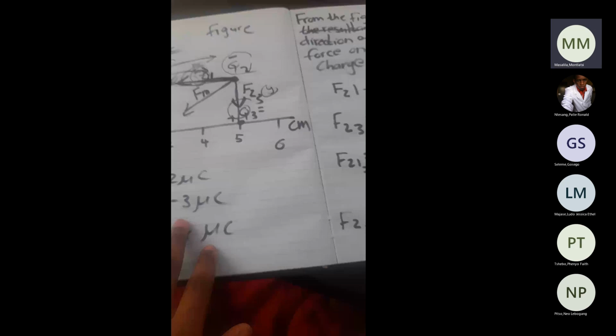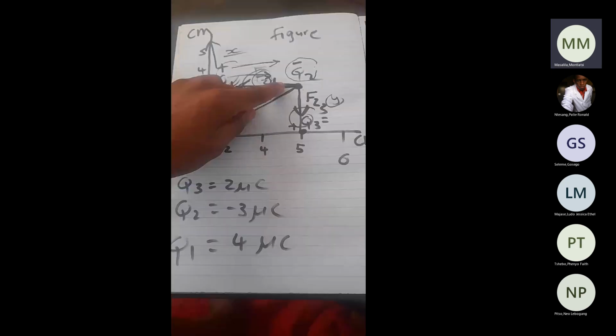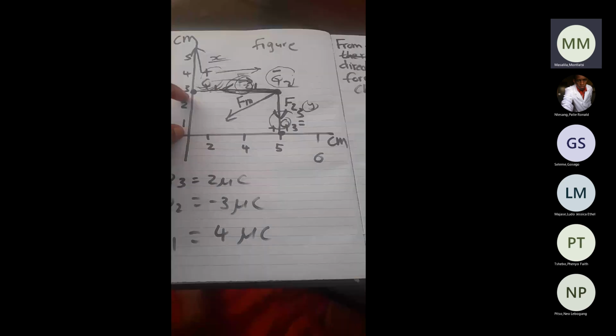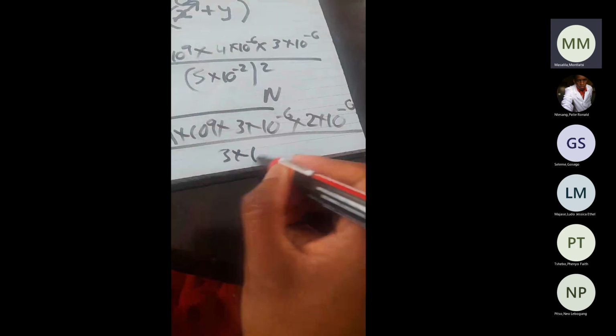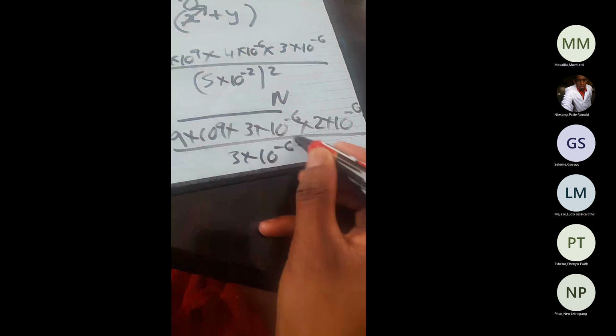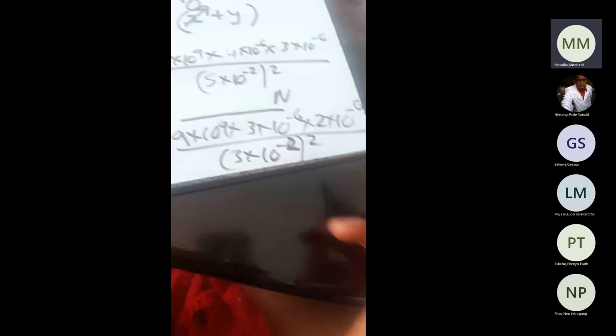What is this distance? 3 centimeters. So it's going to be 3 times 10 negative 2 squared.